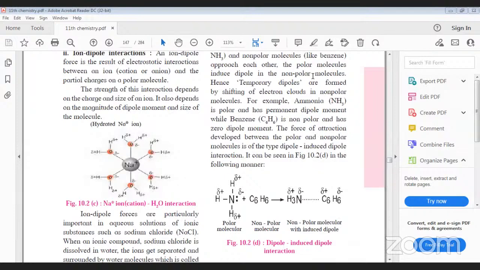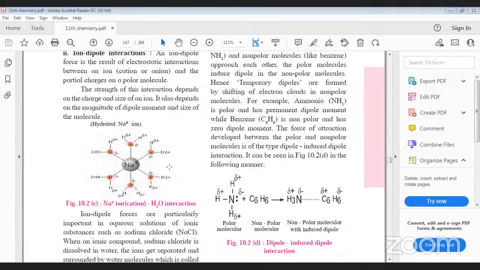I am clearly asking, if sodium is coming in contact with the negatively charged oxygen atom of the water molecule, then Cl minus ions will come in contact with which part of the water molecule? Which ion of the water molecule?